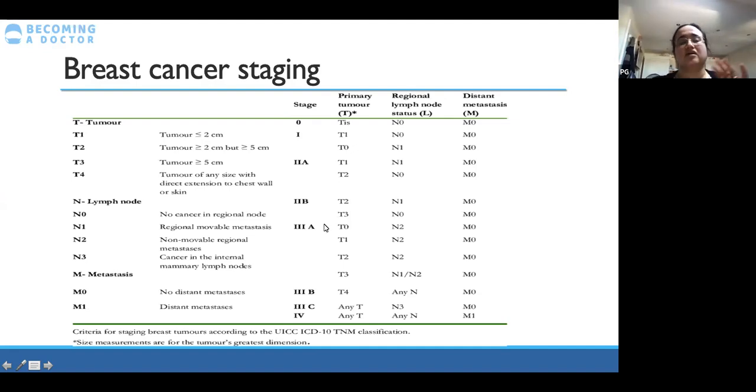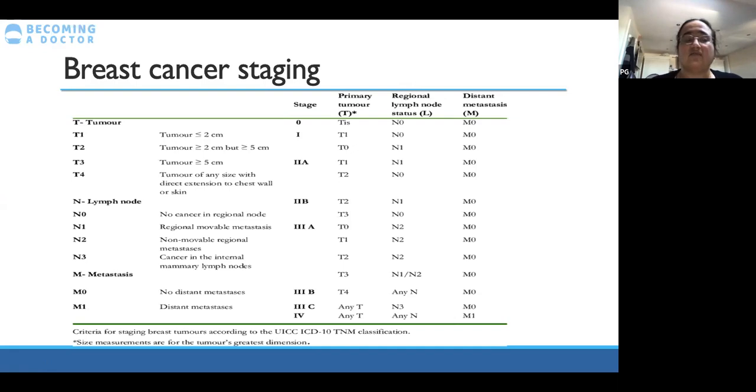So no, I mean, I think as pathologists, we do need to know the common cancers like breast, lung, colon, prostate. These ones we do need to know what the staging arrangement is for each one.